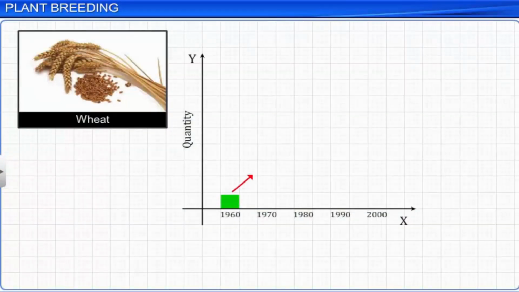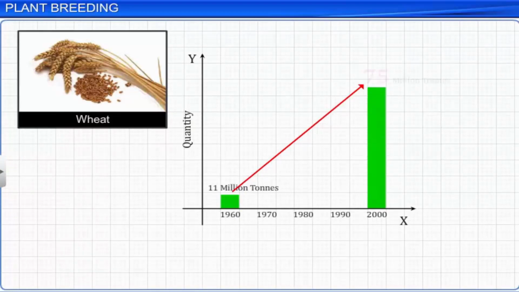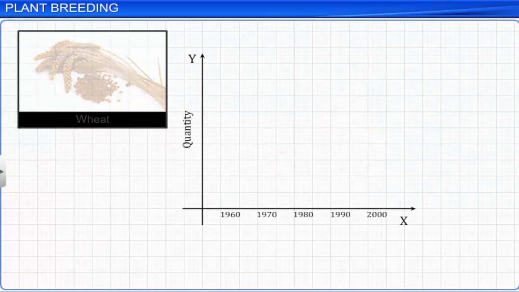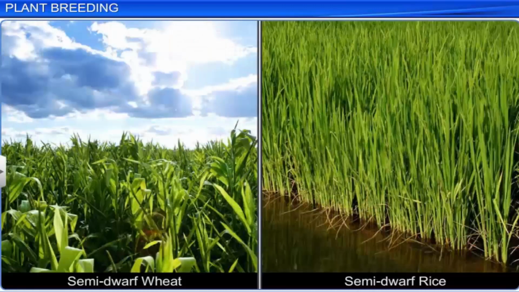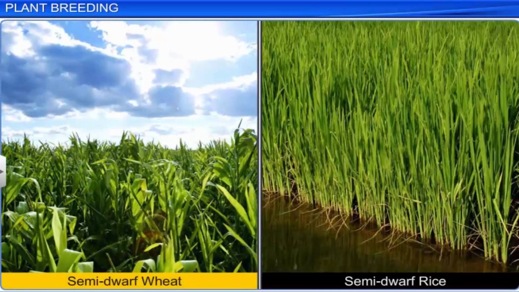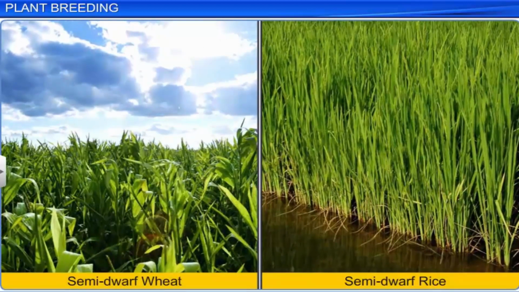During this period, there was a dramatic increase in the production of wheat from 11 to 75 million tons and rice from 35 to 89.5 million tons. The increase in production was credited to the semi-dwarf varieties of wheat and rice that were developed.